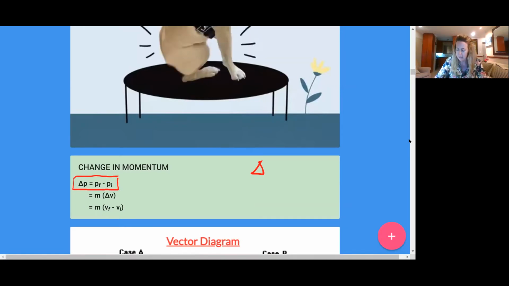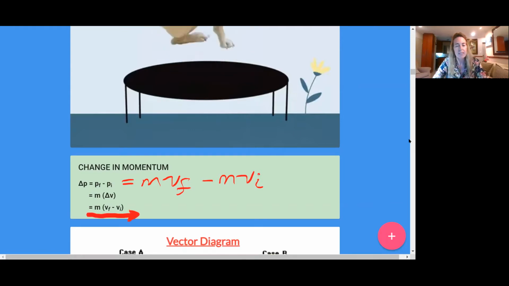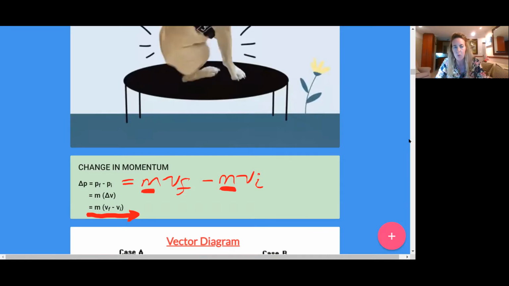So the final momentum would simply be mass times final velocity. And I subtract the initial momentum as the product of mass and initial velocity. That obviously now boils down to m, open bracket, v final, take away v initial, because in these two terms we have mass as our common factor. We take that out, and what is left in each of those terms would be v final, take away v initial.